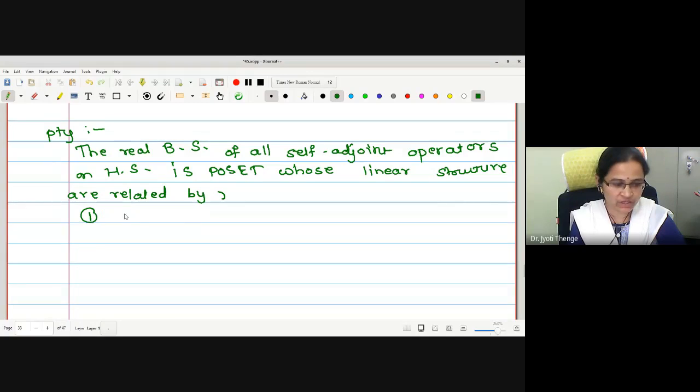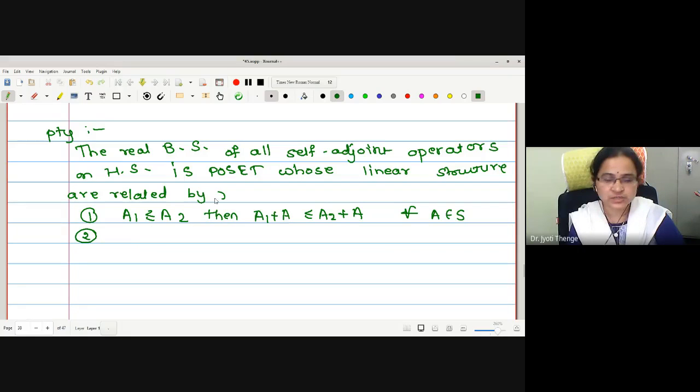The first property: if A1 is less than or equals to A2, then A1 plus A is less than or equals to A2 plus A for all A. This is with respect to addition.